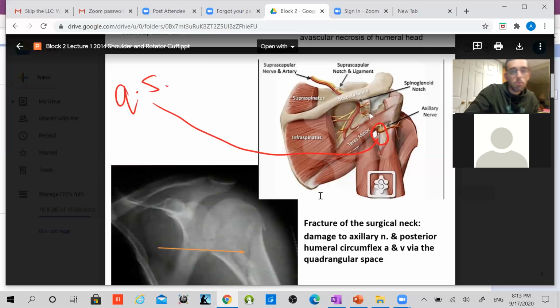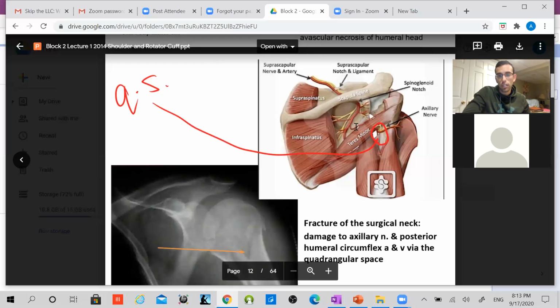So the beauty is that these nerves are associated with their muscle names, so that helps out a lot. Teres minor is axillary nerve, but that doesn't help too much. But essentially, it helps you remember what the nerves are and where, obviously, the muscle is and what region is impacted.